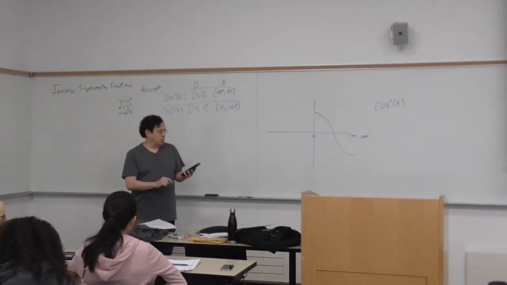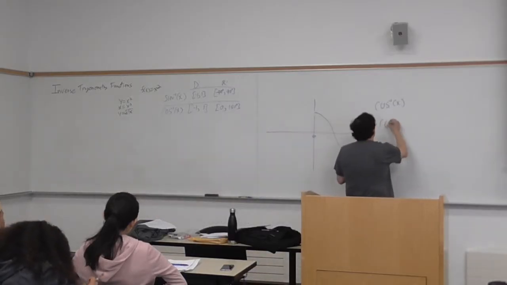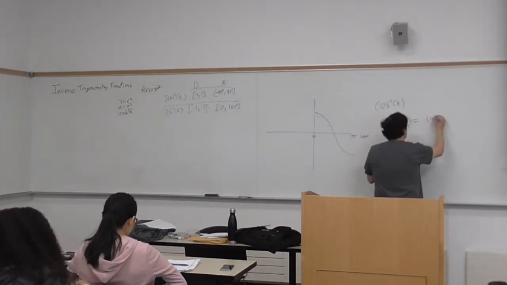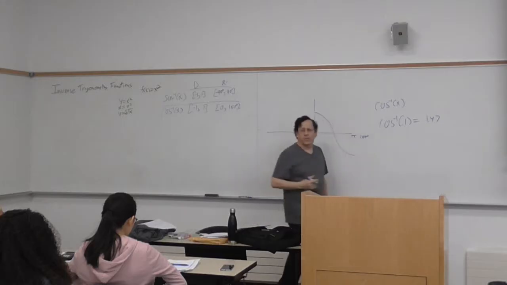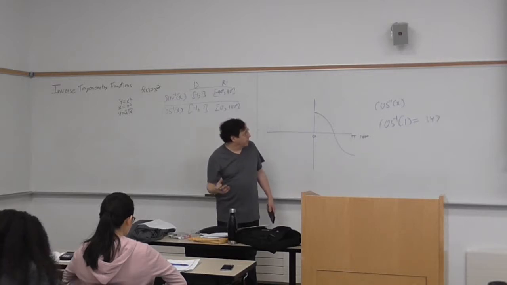I get the value 1.47. What is that? It's not degrees, right? But you might misinterpret that if you're not careful about the mode. That's a radian measure.